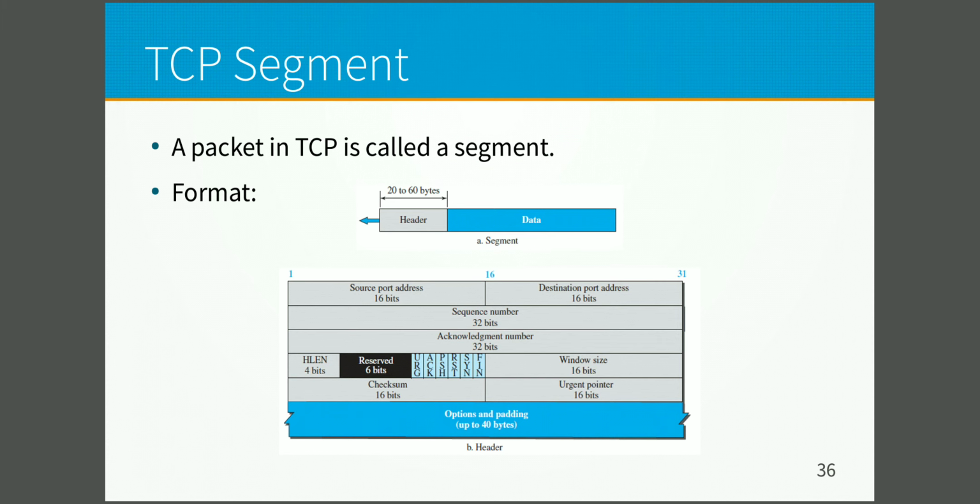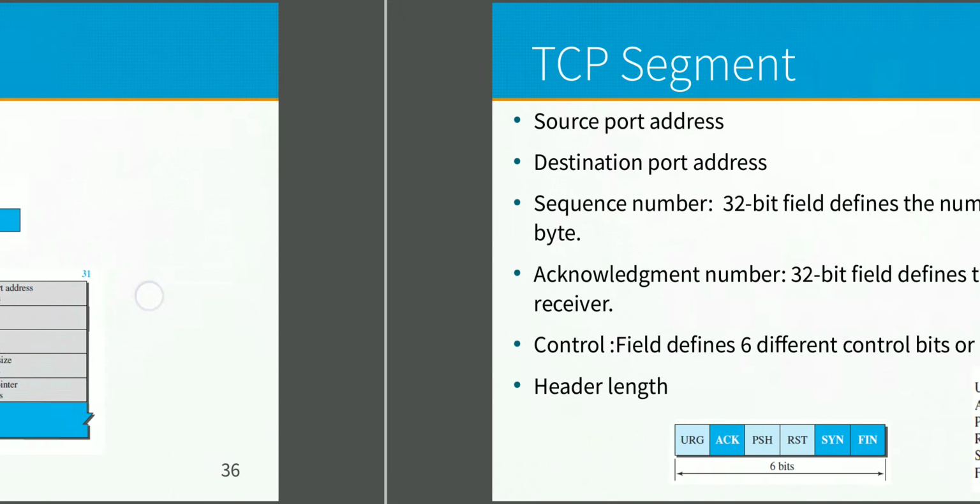So the size in bytes of the segments that the sending TCP is going to send is shown in the window size. And as the value is 16 bits long, you can easily find out the maximum amount of data that can be sent. It is nothing but 2 power 16 minus 1, which is roughly 65,000.